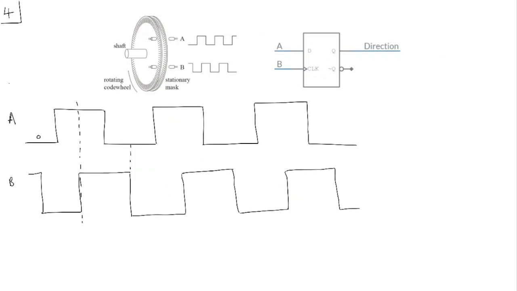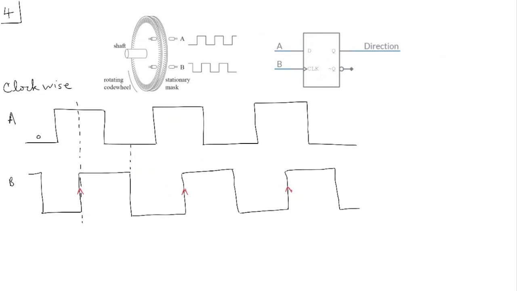So when this is clockwise, B is slightly delayed compared to A, and the flip-flop works at these edges, the positive edges. This edge, and this edge.